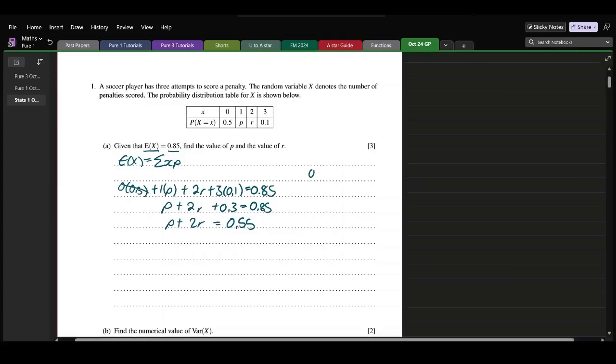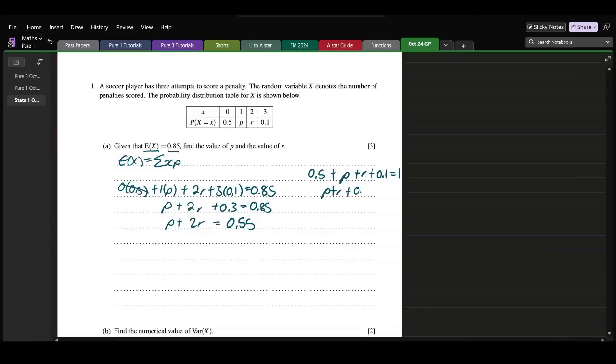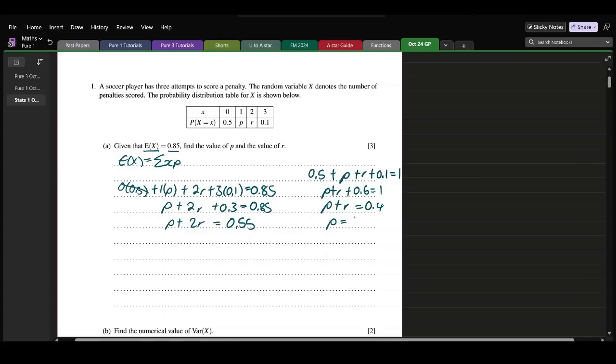So that's 0.5 plus p plus r plus 0.1, and this is equal to 1. So we get p plus r plus 0.6 is equal to 1. P plus r is equal to 0.4. Let's make p subject of the formula. So p is 0.4 minus r.